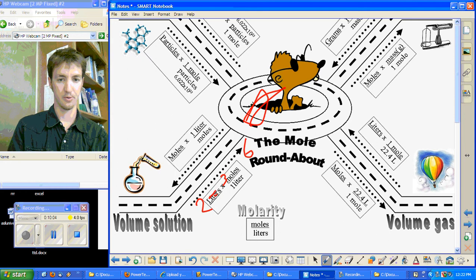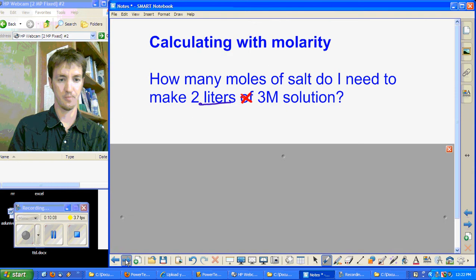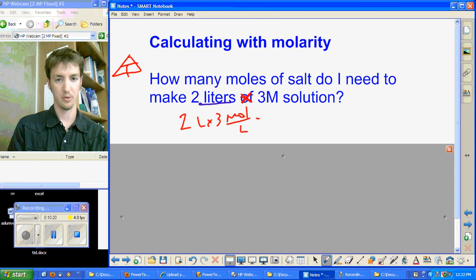The liters cancel out, leaving you moles. Or you look at your triangle, and that's what it would tell you to do. So 2 liters times 3 moles per liter equals 6 moles.